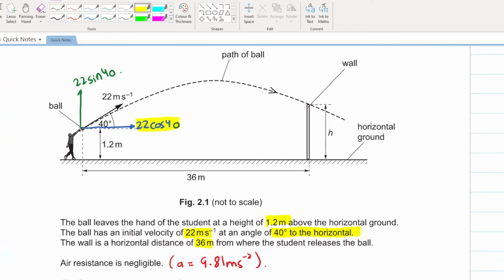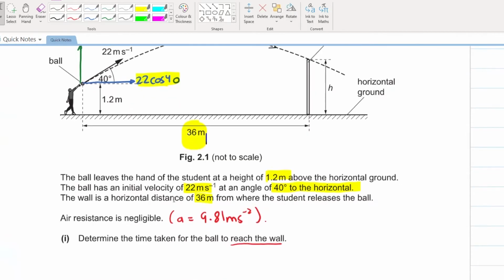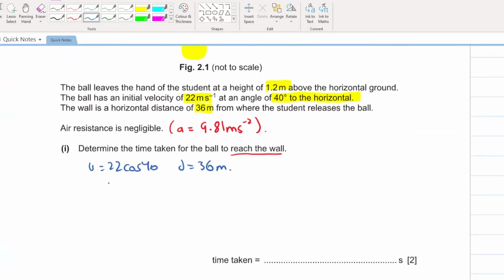So beta, this velocity component is here, and this distance is here. Can you calculate the time? Yes, you can do that. Your velocity is 22 cos 40. Distance is 36 meters. Which formula will we use? Distance is equal to velocity into time.